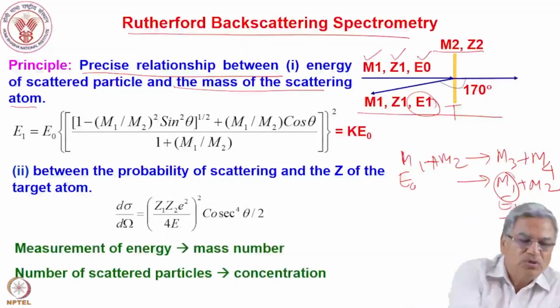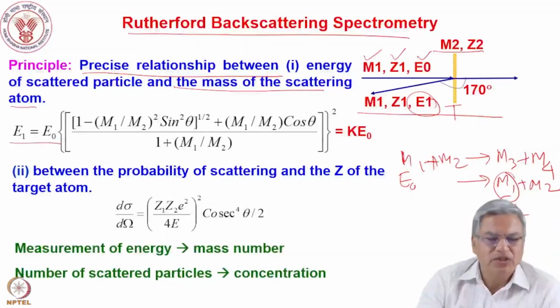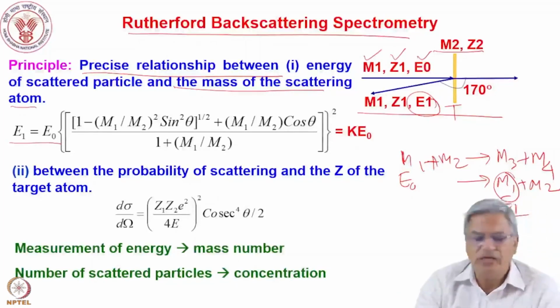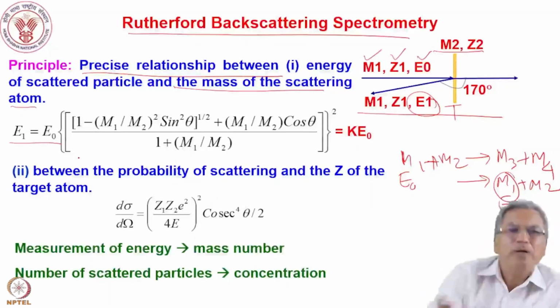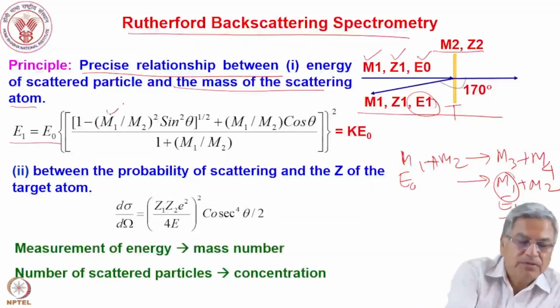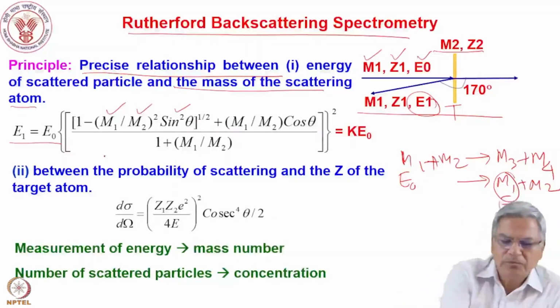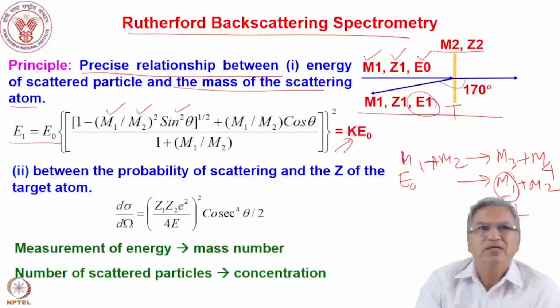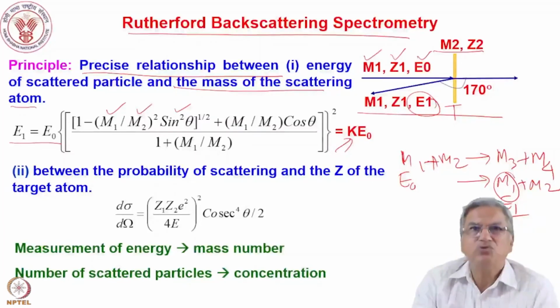And so you can solve that equation, and the relationship between E3 and E1, or here E1 and E0, is given by this formula. It contains M1, M2, and theta. So this term can be clubbed as K. So the backscattered ion energy is K into E0.